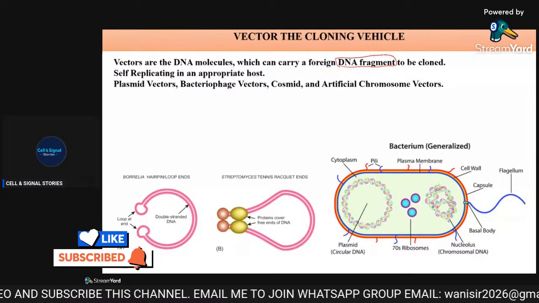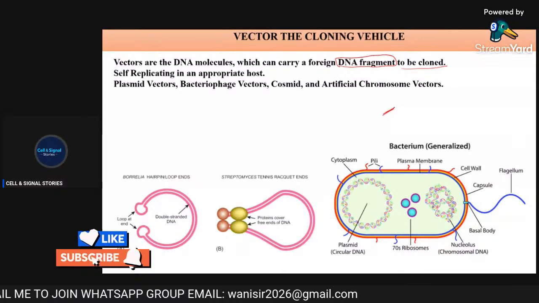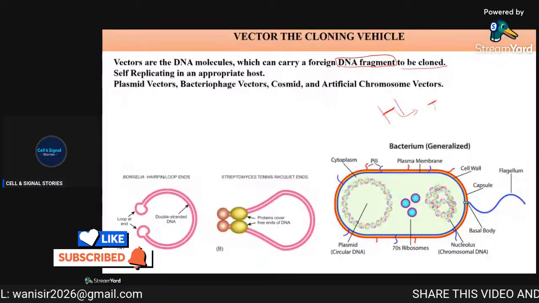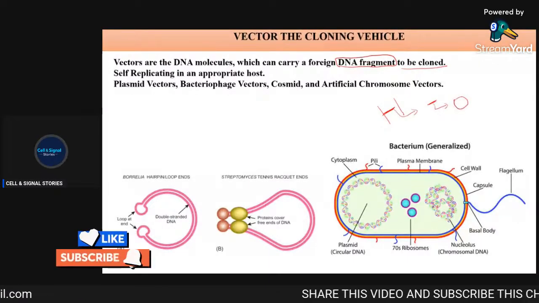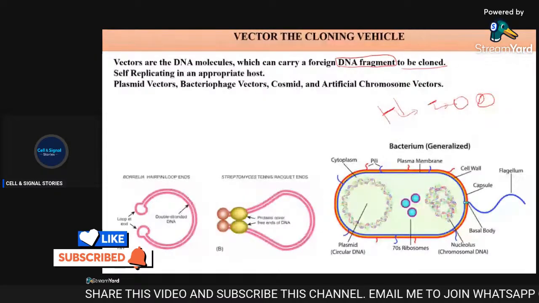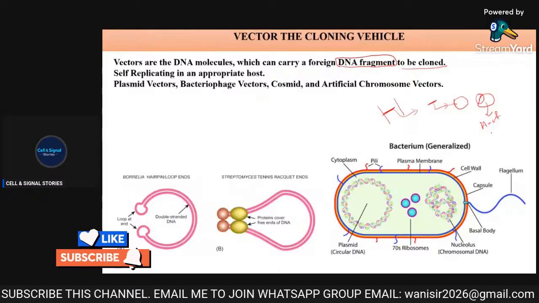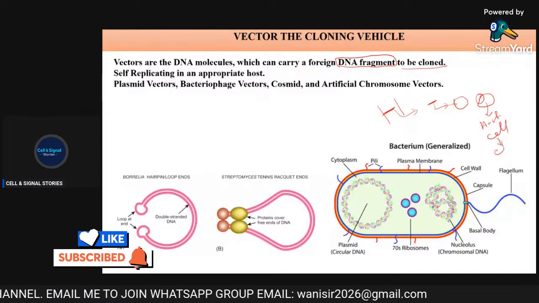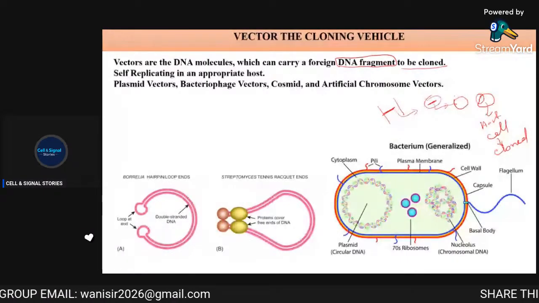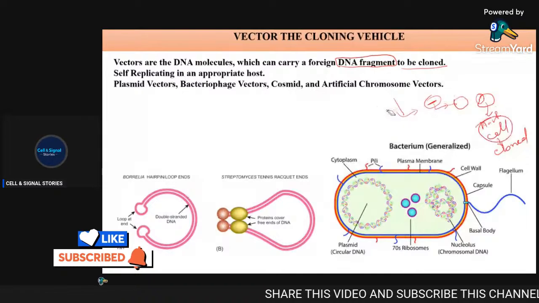For example, if we want to clone this portion of the gene, and we have cut this gene from the DNA, and now this gene is introduced into the vector, and when it is introduced into the vector, this foreign portion of this vector will go inside the host cell, and after going inside the host cell, it will be cloned. So the vectors are the vehicles which transport this foreign gene into the host cell, and that's why they are called vectors.